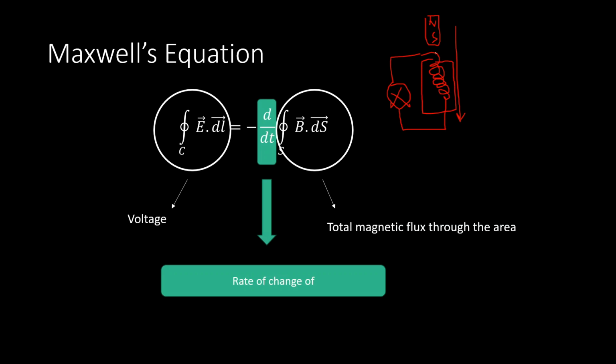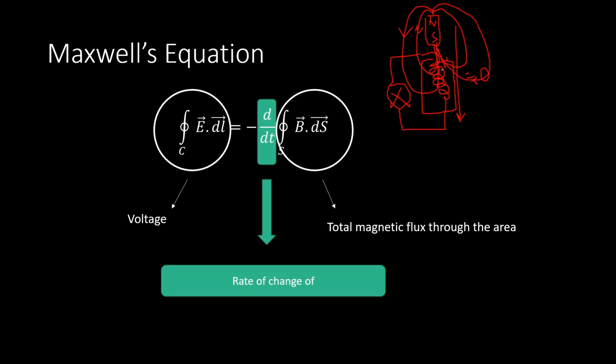Initially, when the magnet is infinitely far away from the coil, the total magnetic flux through this area is going to be 0. However, as the magnet approaches the coil, there will be some magnetic flux passing through the coil, as shown here.